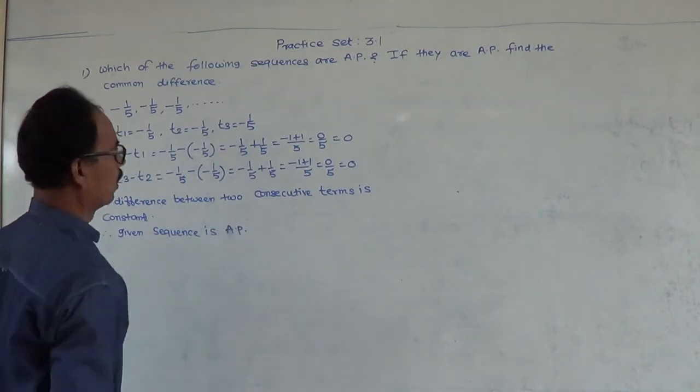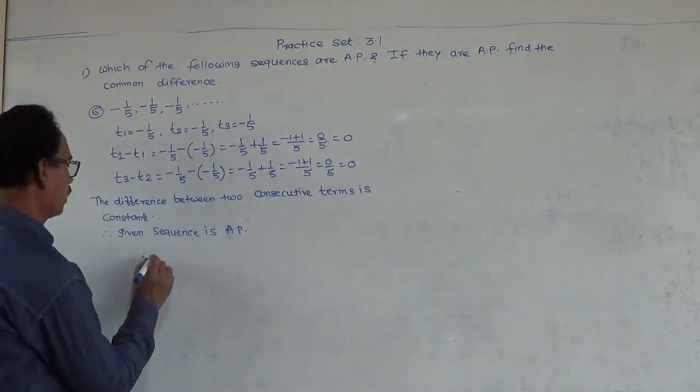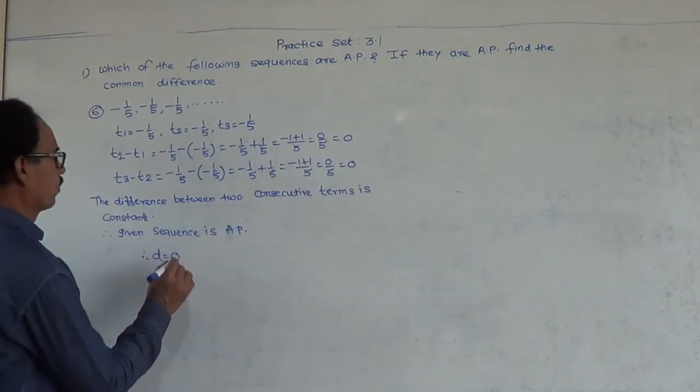So the value of D, that is the common difference, is 0. So D is equal to 0.